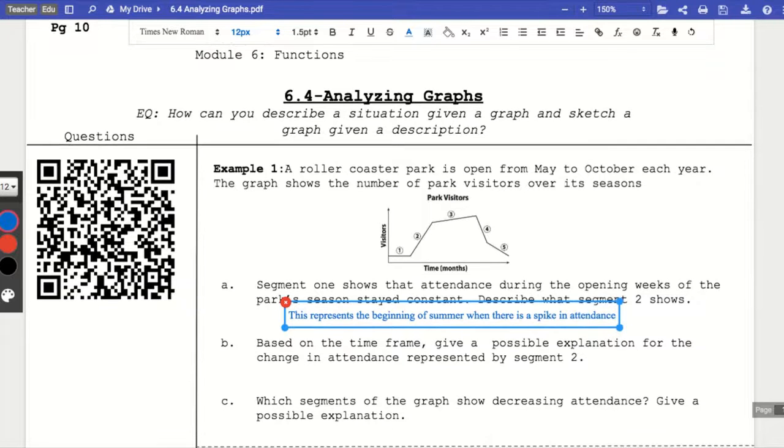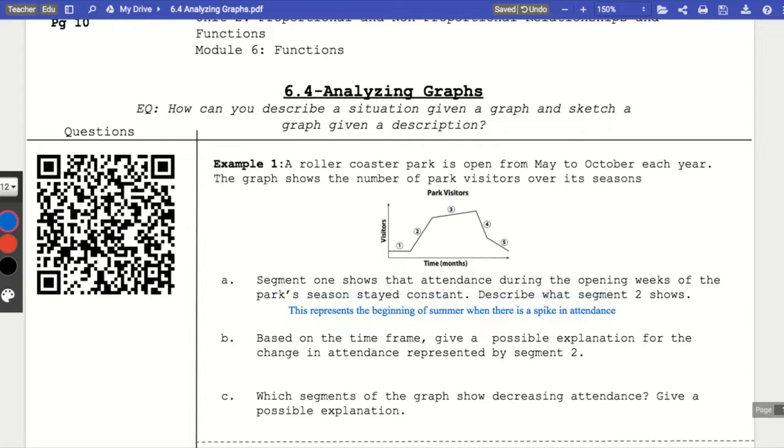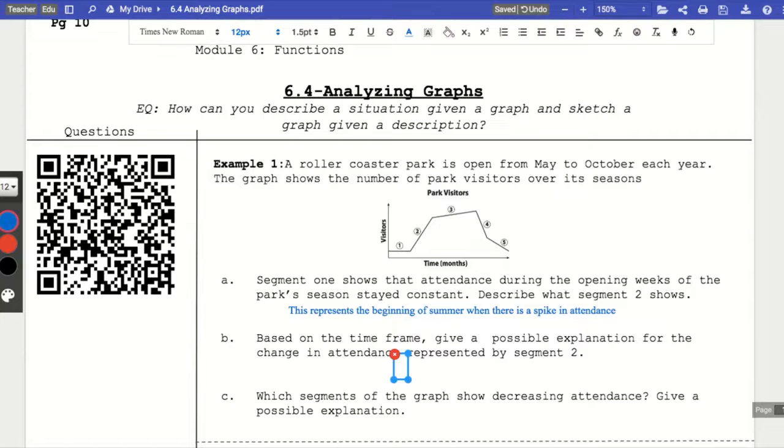Then, based on the time frame, give a possible explanation for the change in attendance. Well, it does represent the beginning of summer. So what is the explanation we came up with? Well, school is out. Students are more likely to attend a roller coaster park, right?